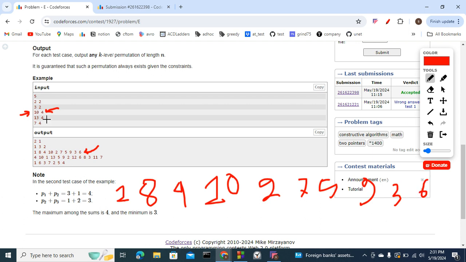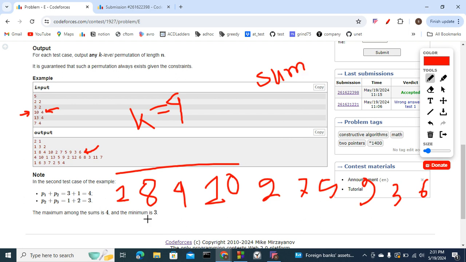So the value of k here is 4. If we consider this segment, let's say here the sum is sum.